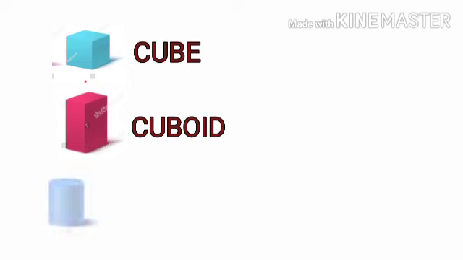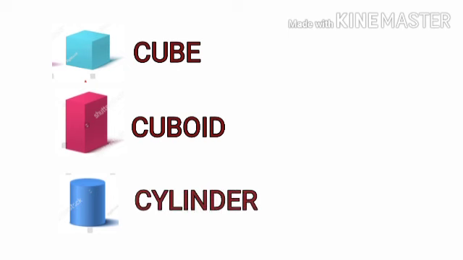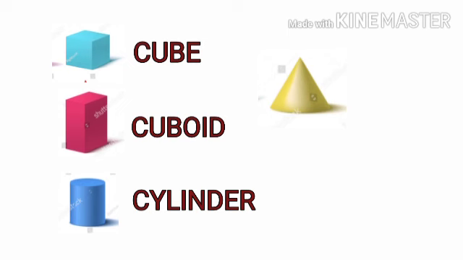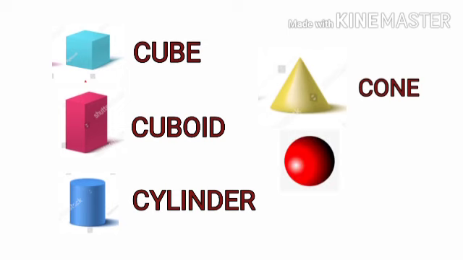The next shape is cylinder. C-Y-L-I-N-D-E-R, cylinder. The next shape is cone. C-O-N-E, cone. The last shape is sphere. S-P-H-E-R-E, sphere.